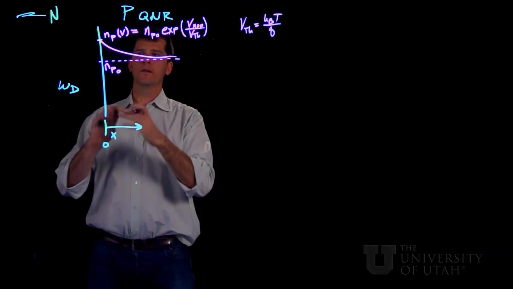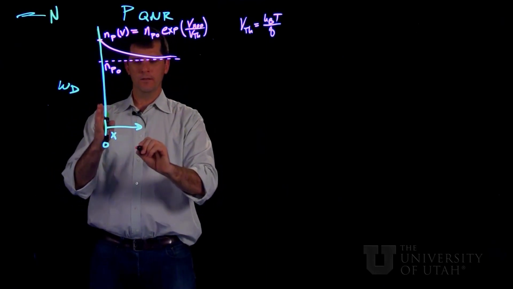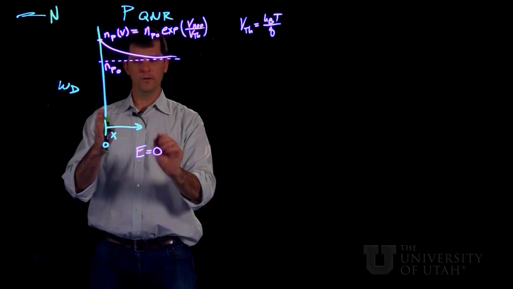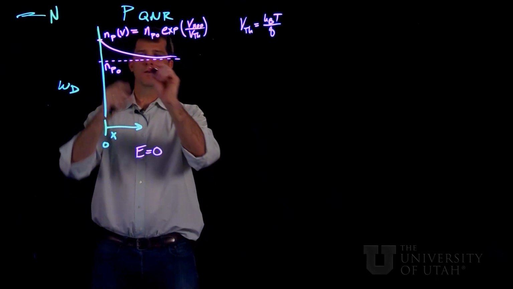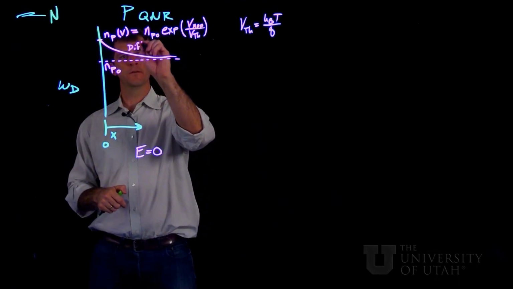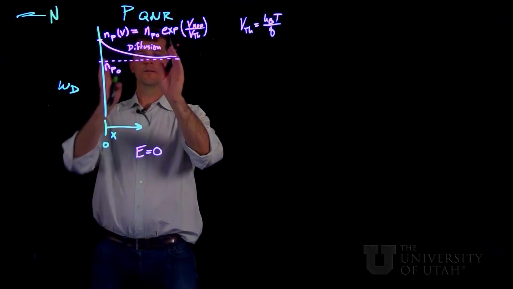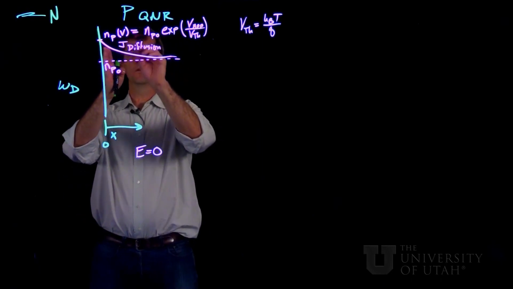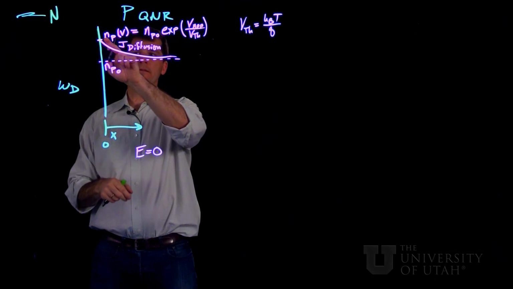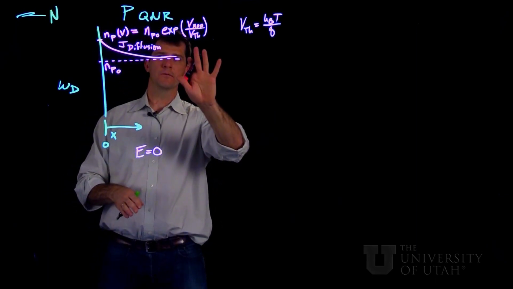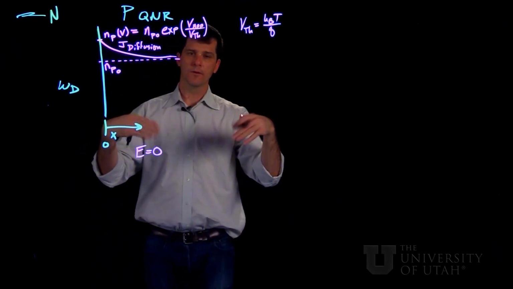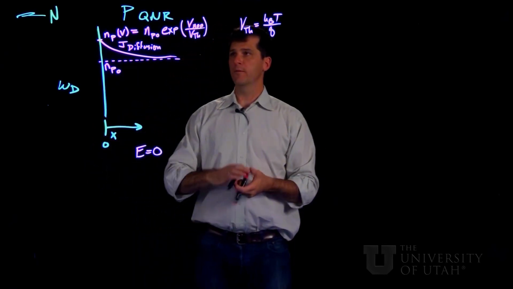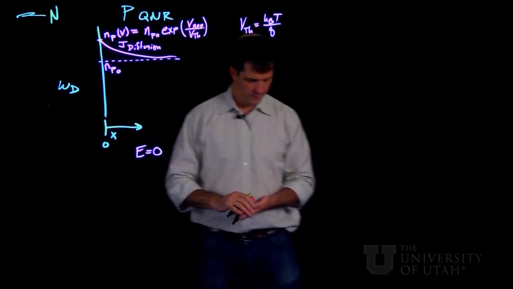So what's going to happen here, remember that the E field is 0 in the quasi-neutral region. So there's going to be a diffusion current of these injected electrons into the quasi-neutral region. But at the same time, they're going to be recombining with the majority holes in the p-type region.